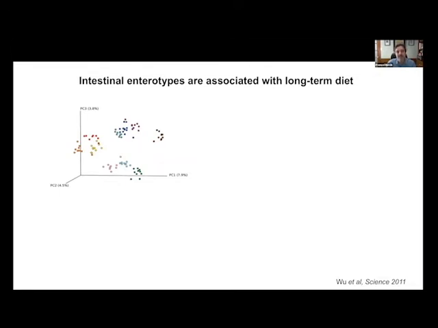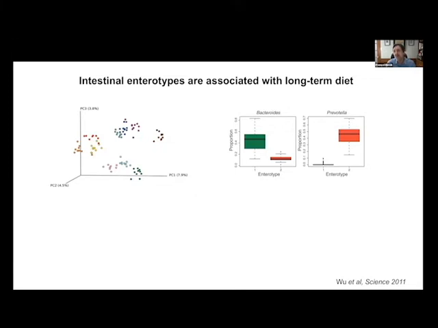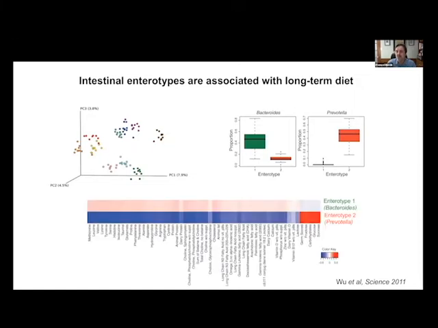In this graph, we can see that sudden changes in diet make some shifts in the microbiota composition in individuals, but overall there are still differences between subjects participating in the study. However, when you look at the long-term dietary habits of these individuals, we can see that there are two different enterotypes, and they are mainly linked to whether these patients are mainly meat consumers or are more focused on the vegetarian diet.